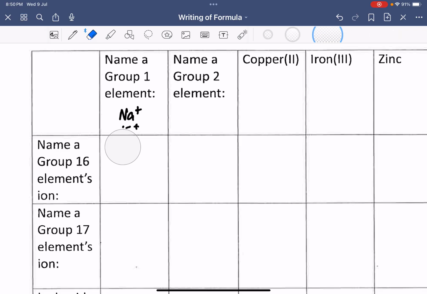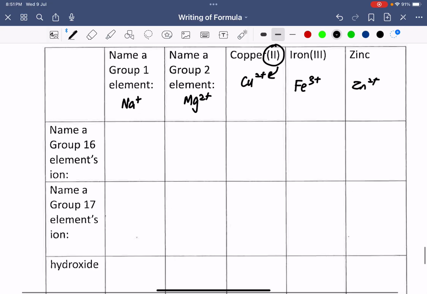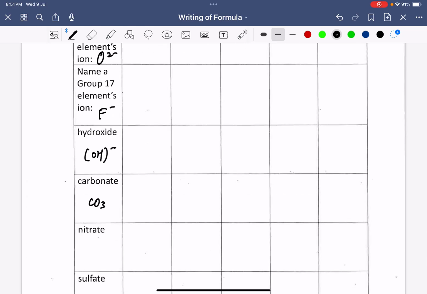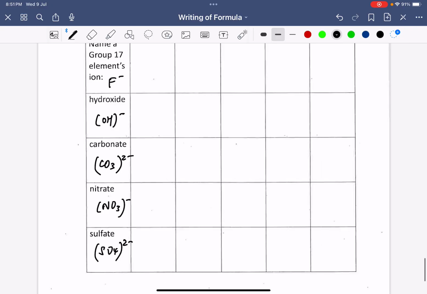Group 2 can be Mg2 plus, Cu2 plus. If there's a Roman numeral of 2, take note that it is a 2 plus. Iron 3 plus, Zn 2 plus. Group 16 you take as O2 minus, F minus, hydroxide is OH minus, and sulfate 2 minus.